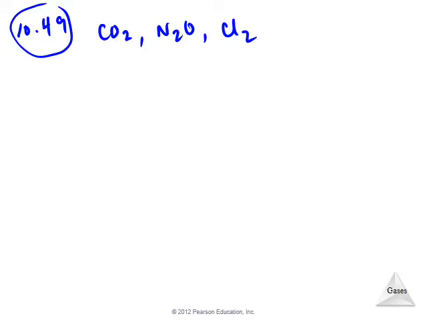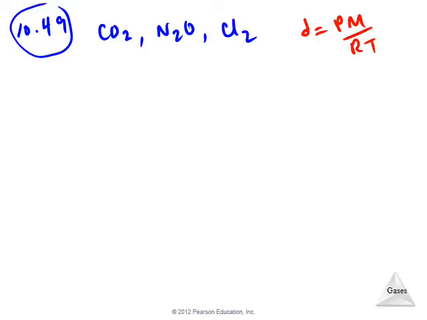In order to think about this problem, let's first write down the density expression for the gas. It will be given by PM over RT. When pressure is constant, temperature is constant for all these gases, R is already a constant.